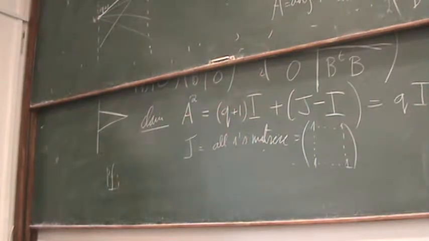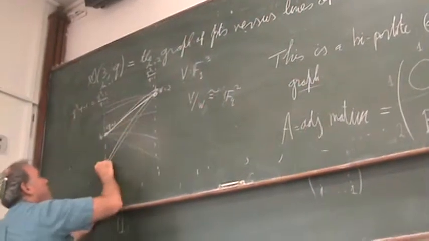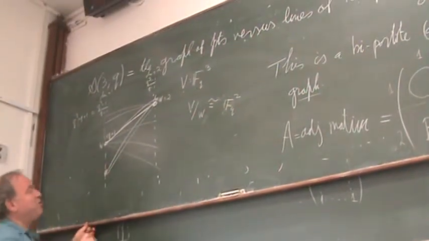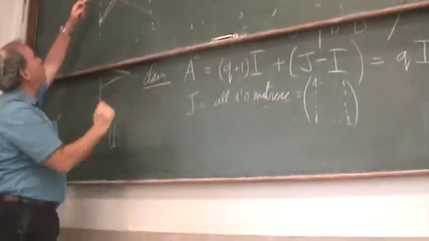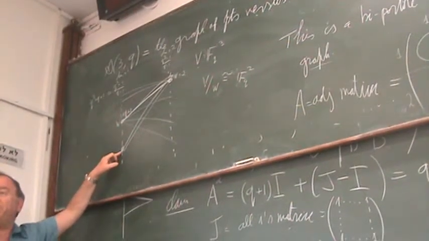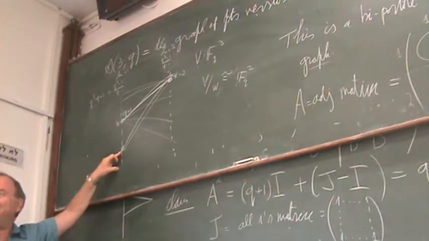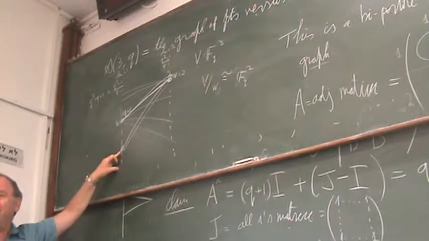I can go and come back immediately with the same path. But I can also go from here to here and come back to another one. And now here is the point. If I want to go to another one, there is a path of length 2 and there is a unique path. Why? This is exactly the axiom of projective geometry.